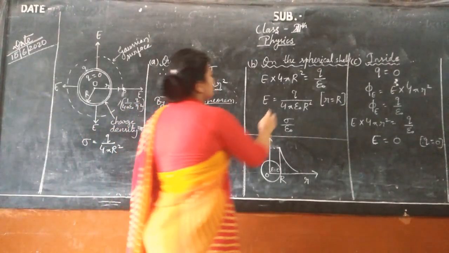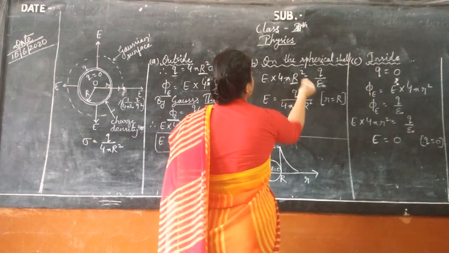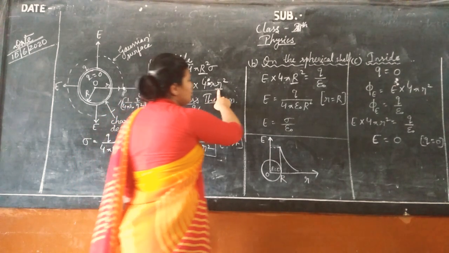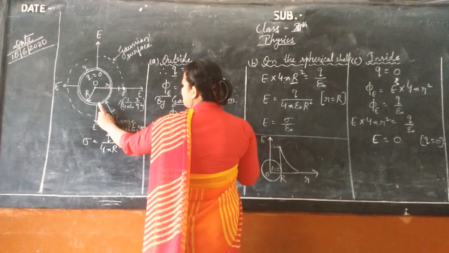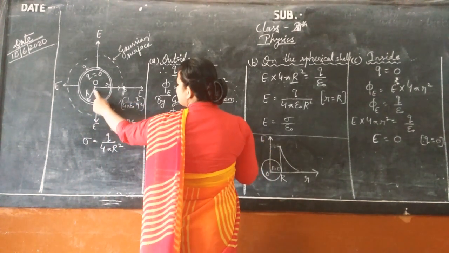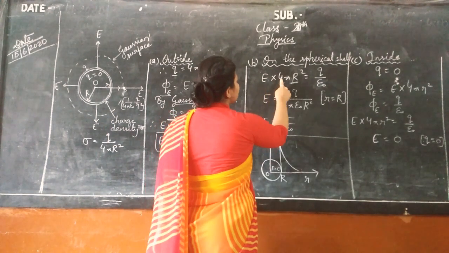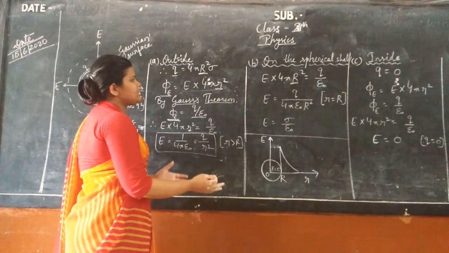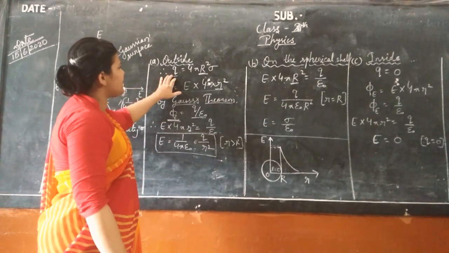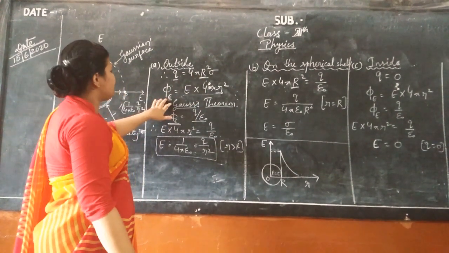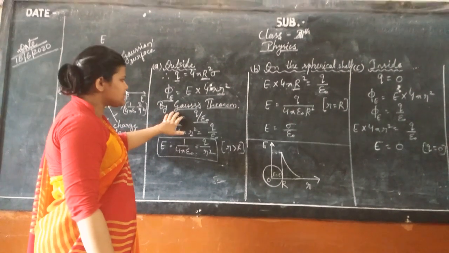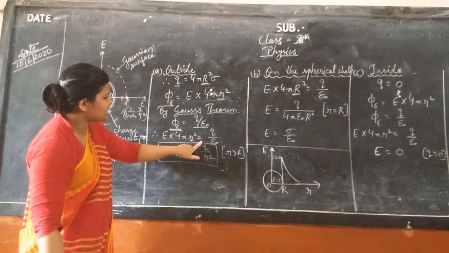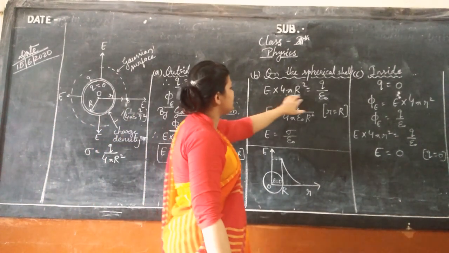So we will take here capital R. Here you can see small r we have taken, but now because we are talking about the surface, the distance here is capital R. So E into 4 pi r square equals to Q upon epsilon naught. The whole process will be same. First we will find the value of Q, then phi E, then apply Gauss's theorem. So by following all these steps, we got this line.